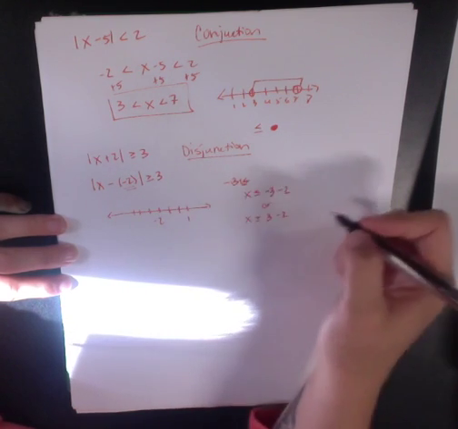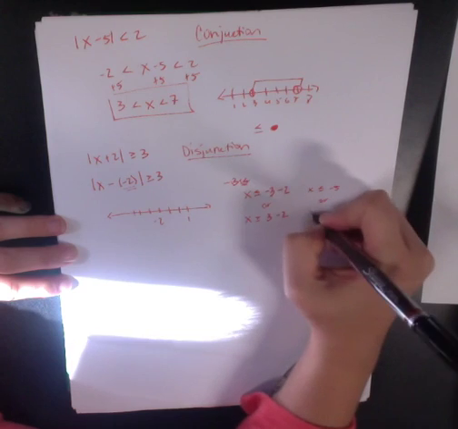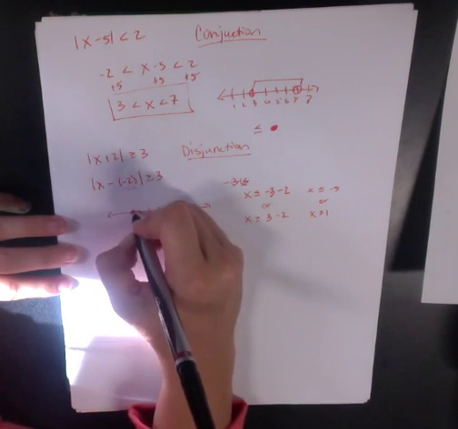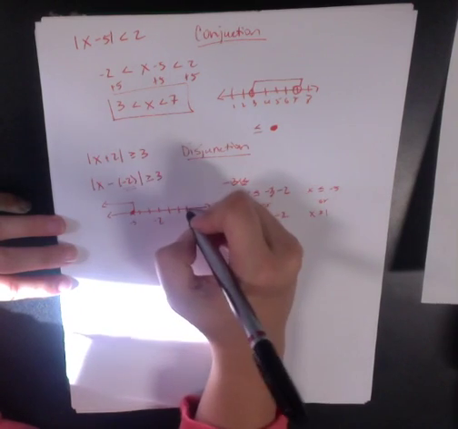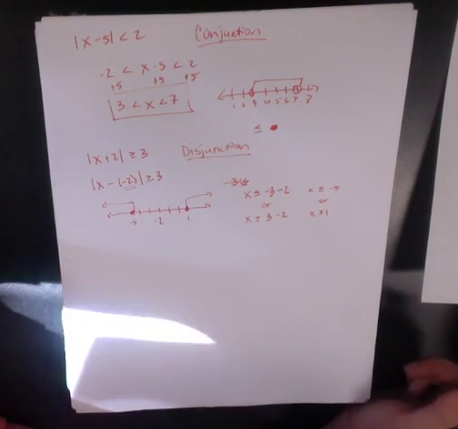This shows me that x is less than or equal to -5, or x is greater than or equal to 1. Less than or equal to -5 looks like this. Greater than or equal to 1 looks like this.